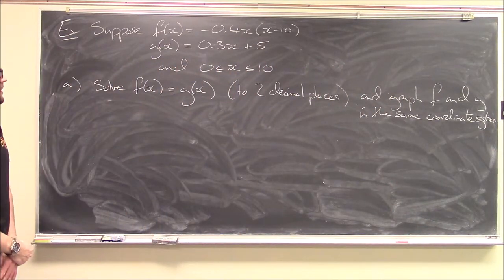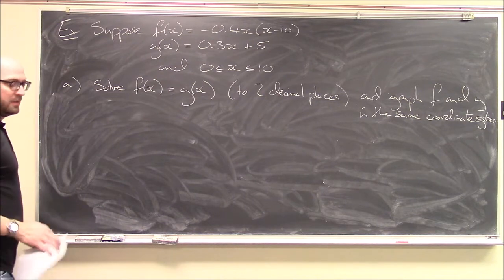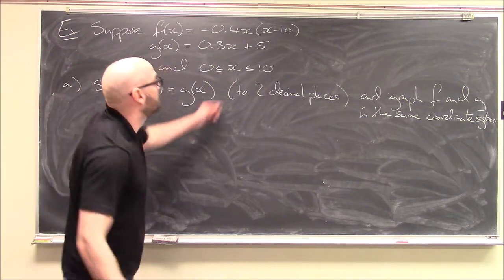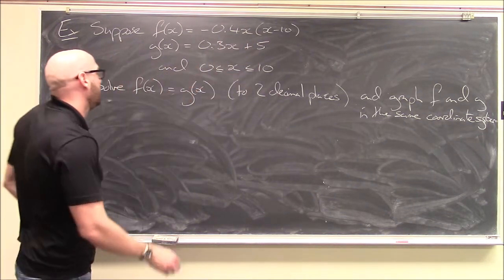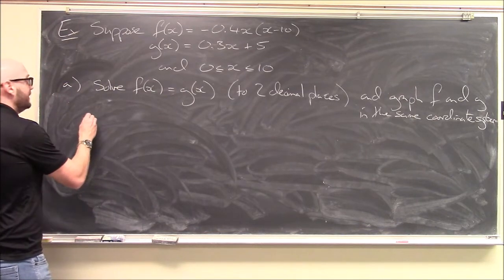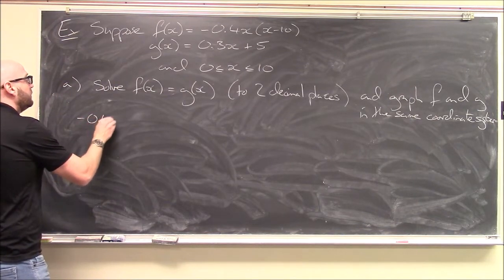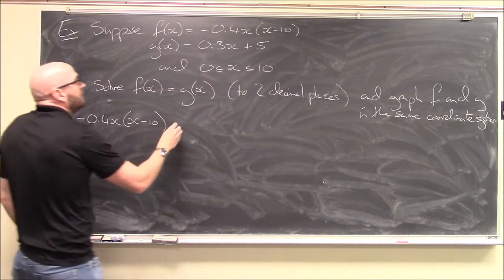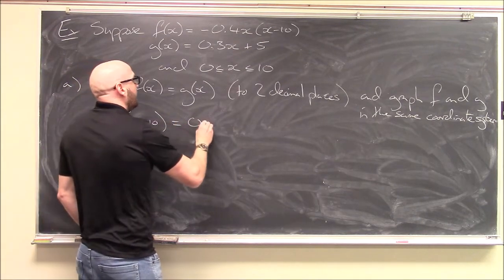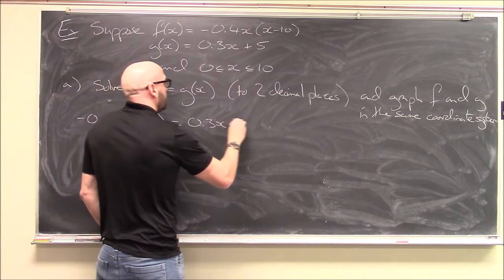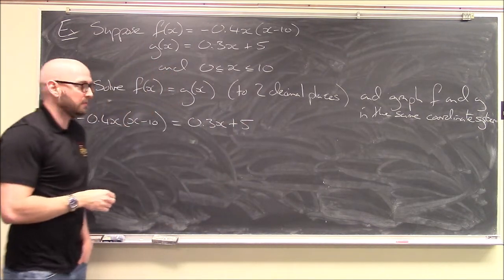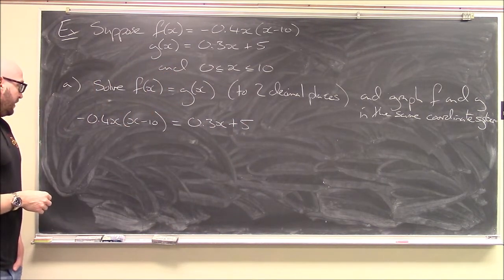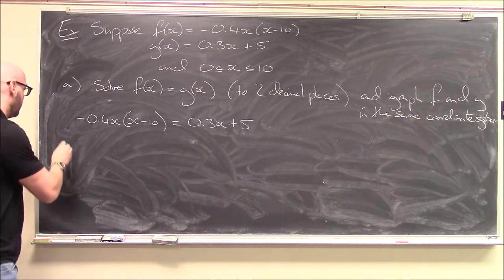Okay, so I want to know when these two functions are equal to each other. How do I do that? Well, I set them equal to each other and I solve the corresponding equation. So here we go. When is minus 0.4x times x minus 10 equal to 0.3x plus 5? I have an equation, I need to solve for it.